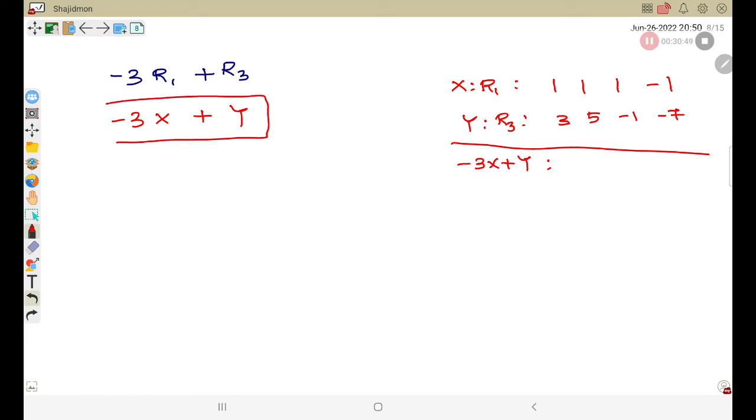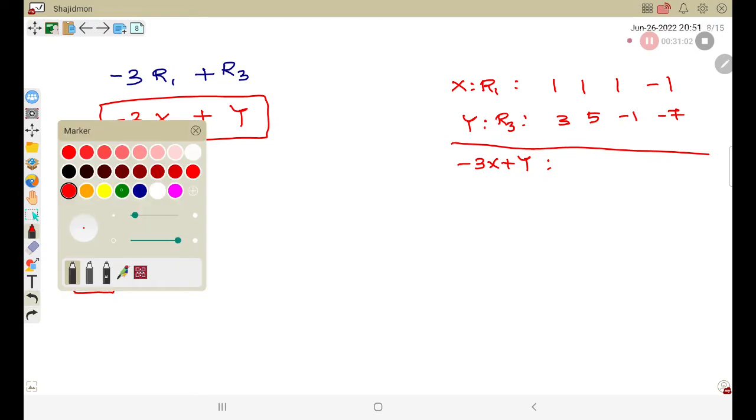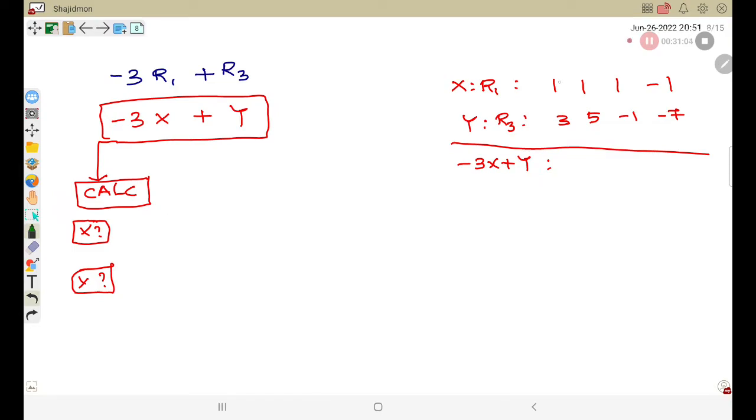Now minus 3x plus y, we are calculating the new output row. As I told you, press the calc button first. The calculator will ask what is your x number. First number 1, press equal, second number, y number 3, equals.